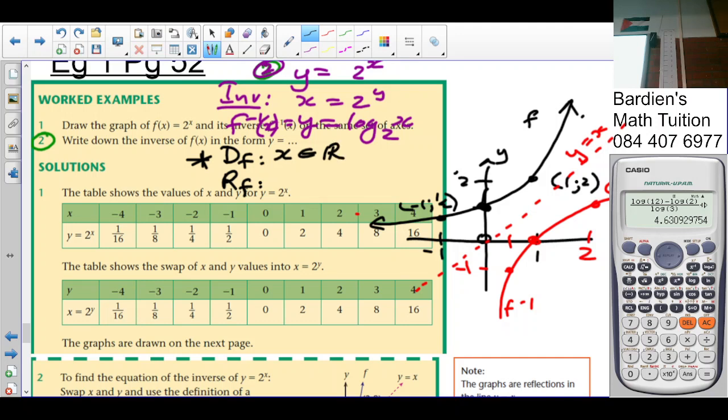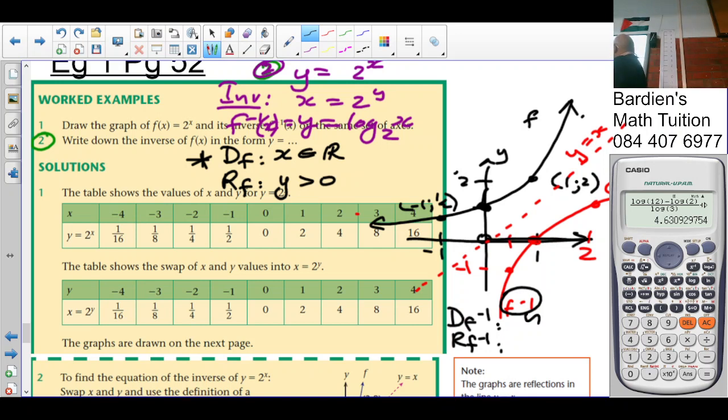What is the range? Does this graph exist at negative infinity? No. Where does it start existing? From 0 onwards. So y is greater than 0. If I look at the domain and the range of the inverse function, does that graph exist at negative infinity? No, it only starts existing from 0 onwards.